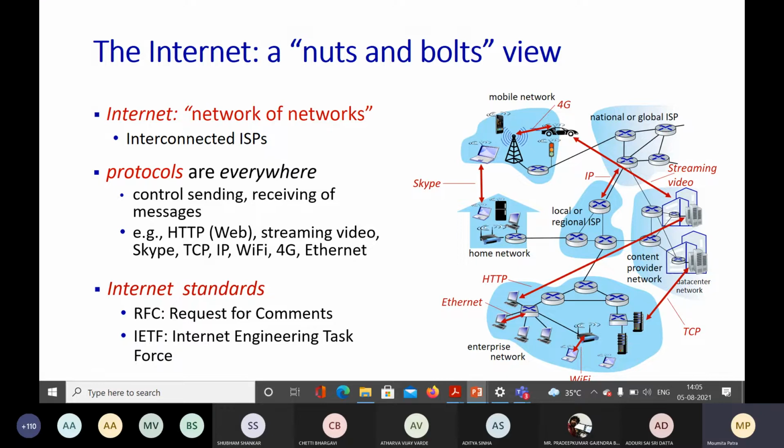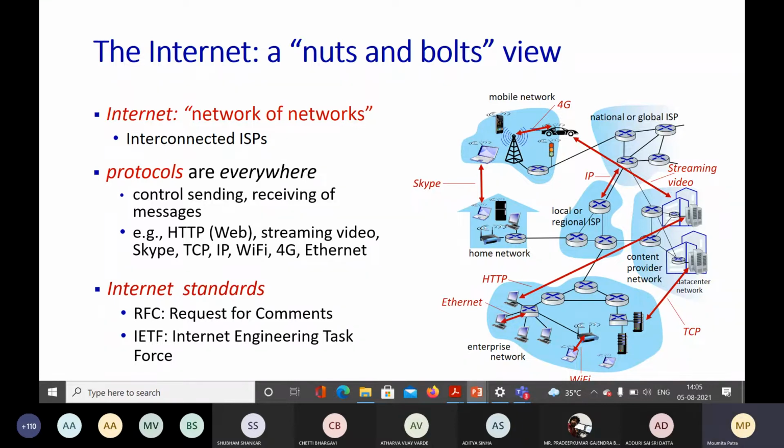Here you can see a device working in the mobile network, and another device working in the home network, but they are also communicating with each other. The name of the application here is Skype. So you can actually communicate across these different networks too.